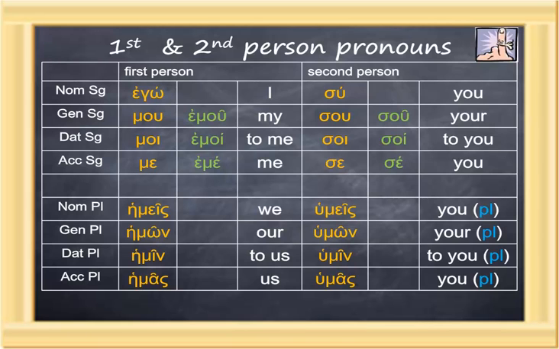That alternate form is either used for emphasis or it often shows up with a preposition, not conveying emphasis. In terms of the plurals, the key is distinguishing hēmeis from humeis, and there the upsilon, or you, is helpful.